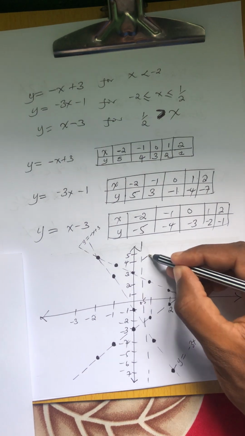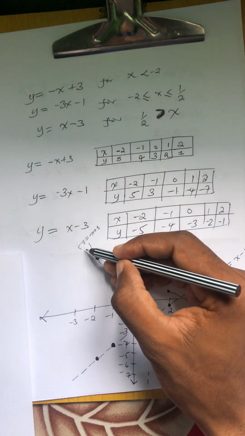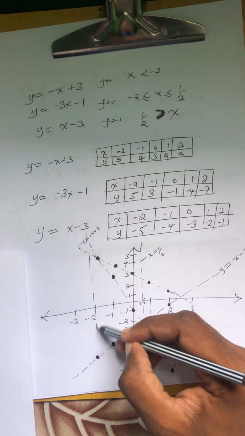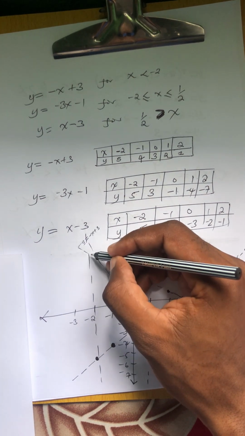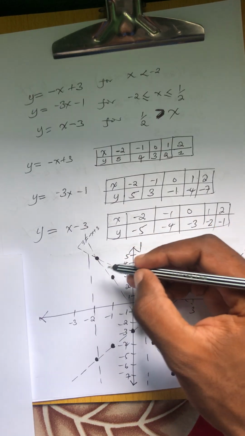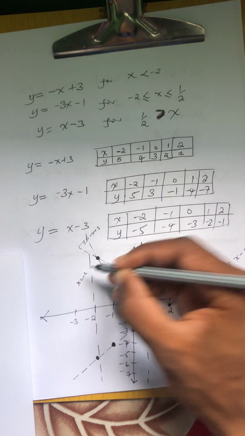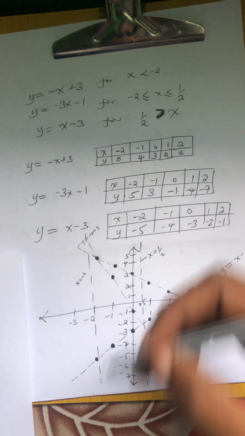So this is where x is half, and where x is minus 2. Yeah, these are the critical points. Okay, x is equal to minus 2 like that. Okay. All right.